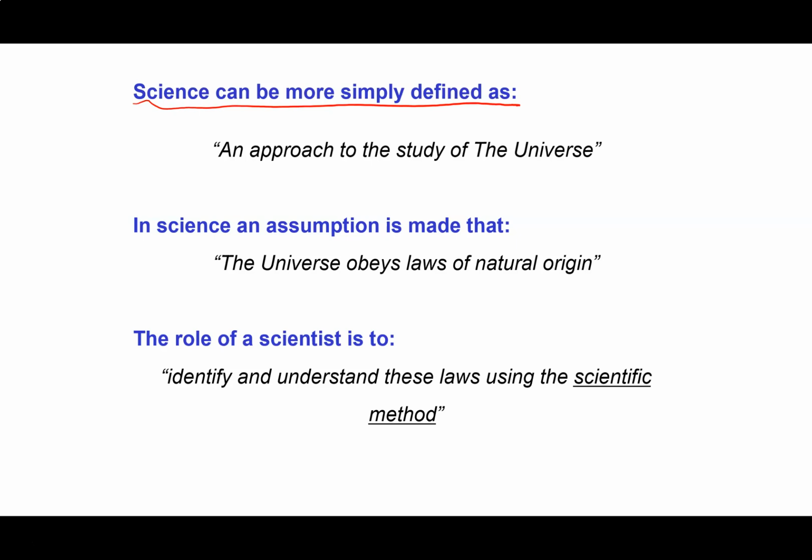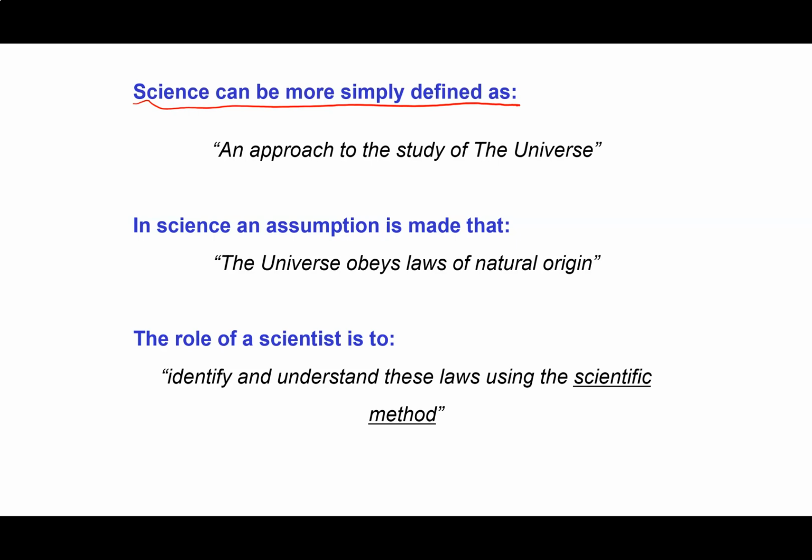But they are valid in many cases, but we're talking about the Western concept of science, right? So it's not that there aren't other ways of studying the universe. Science is just one of them, and it's going to be the focus of this class.